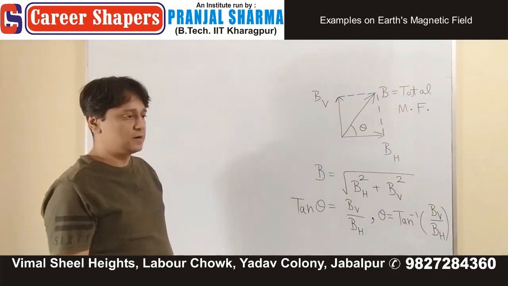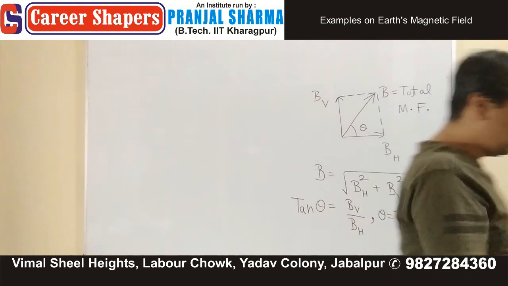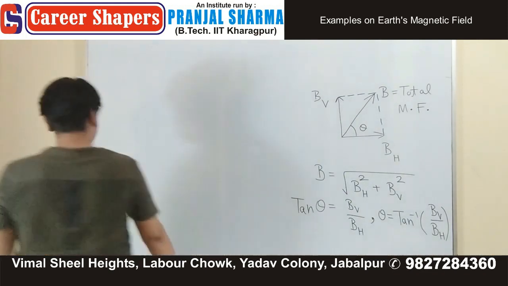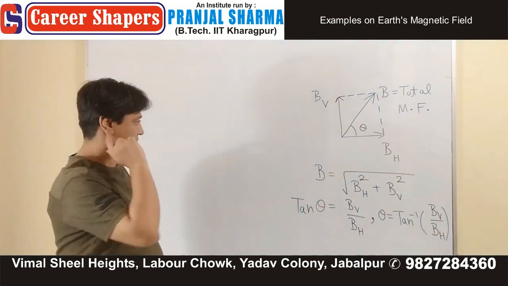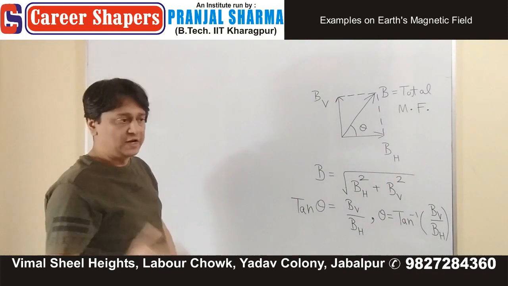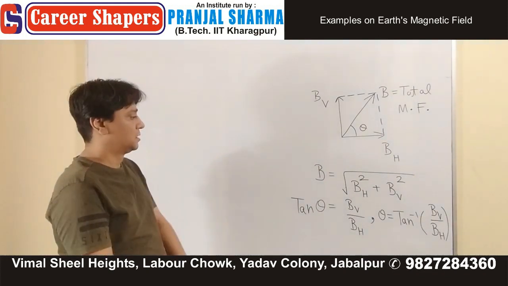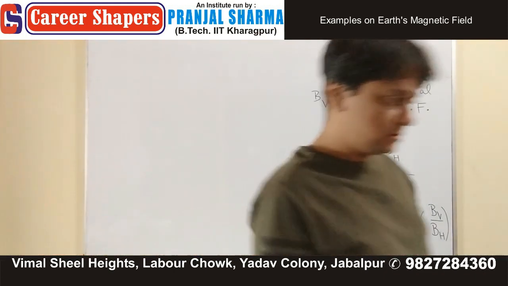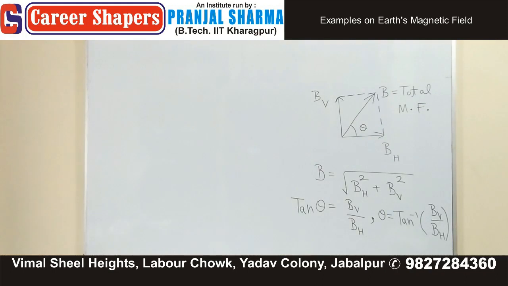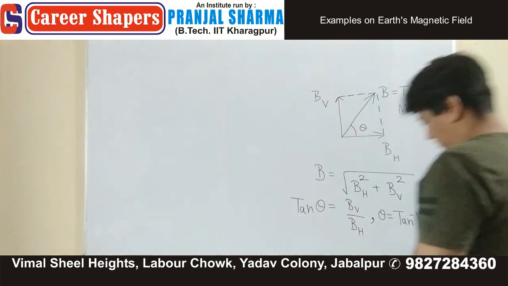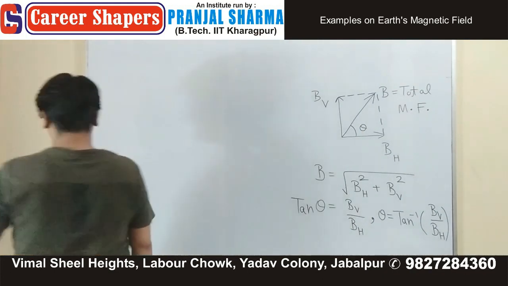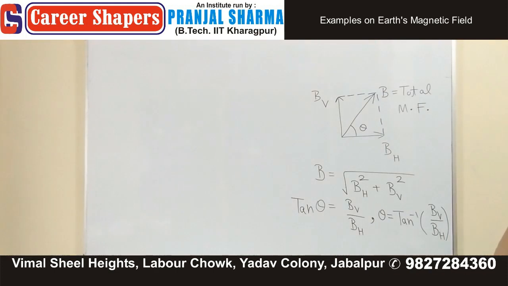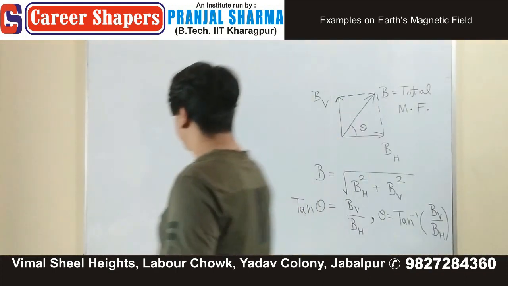Write down this statement. For proper angle of dip or angle of inclination, the magnetic compass should be placed in the plane of magnetic meridian.